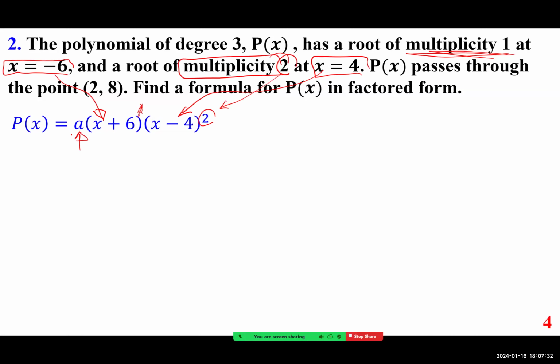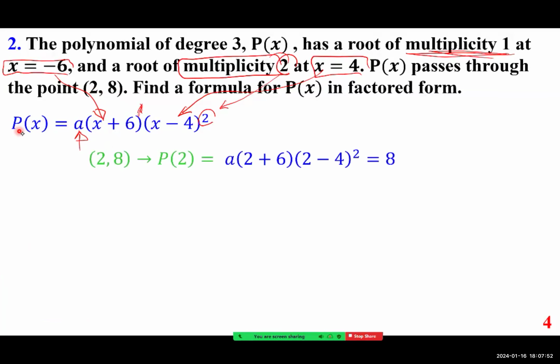Now, the last thing is to use the given pair 2 comma 8 in this. Now 2 replaces the x. 8 replaces the y or P of x. Remember, this is the y or P of x. So replace the x with 2, and we get 8 here. This is negative 2. When you square negative 2, you get 4.